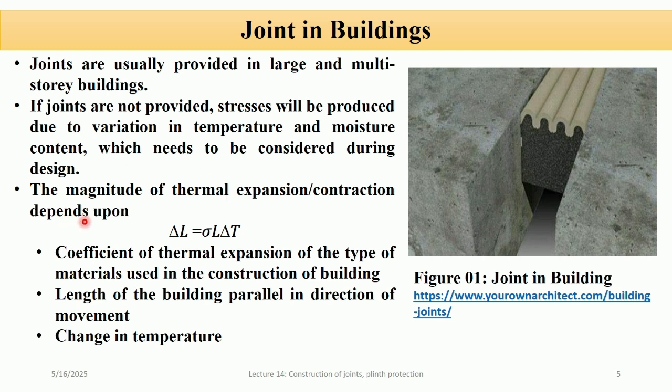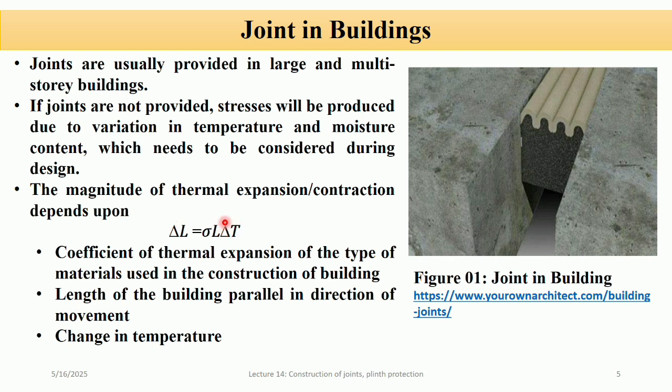So for the magnitude of thermal expansion or contraction we use a formula, which depends upon the change in length due to thermal expansion, the original length, the coefficient of thermal expansion, and the change in temperature.